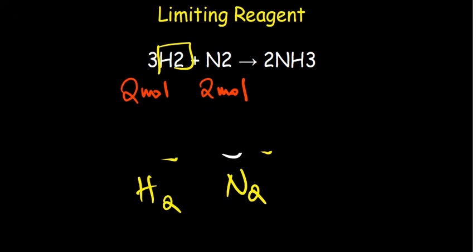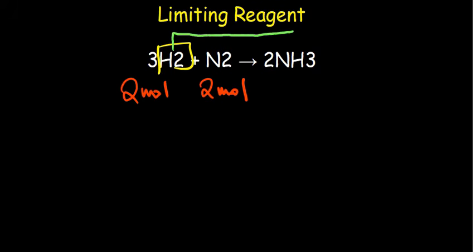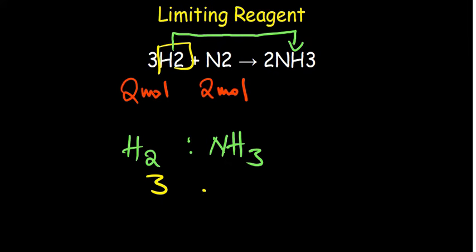Okay, so now the basic idea is you don't get to determine the limiting reagent by looking at the one having the least number of moles. No, that's not the way it works. So I'll get the hydrogen and compare it against our product. Okay, so we can say that if we compare our hydrogen to our ammonia which is being produced, they are in the ratio of 3 to 2.